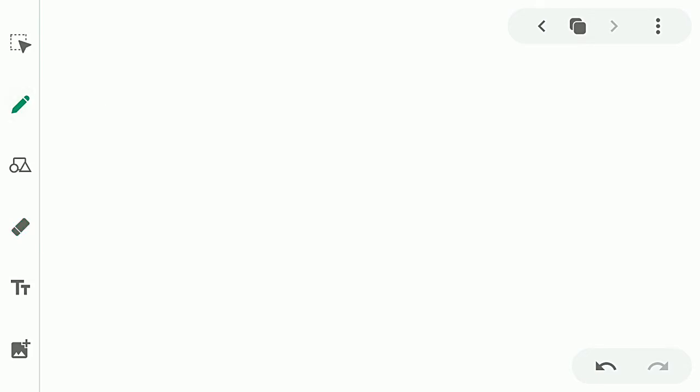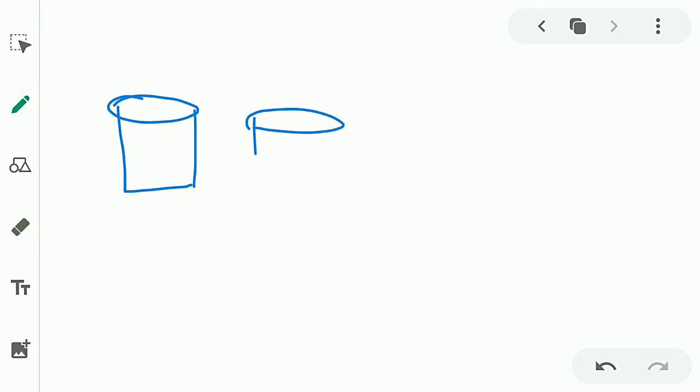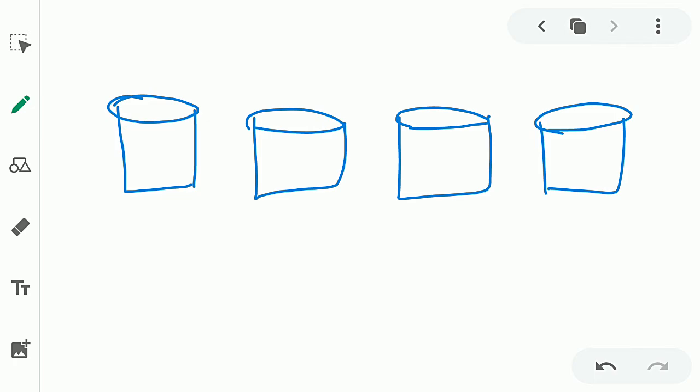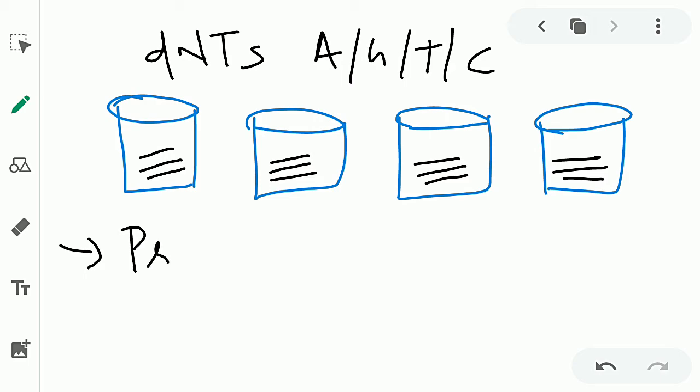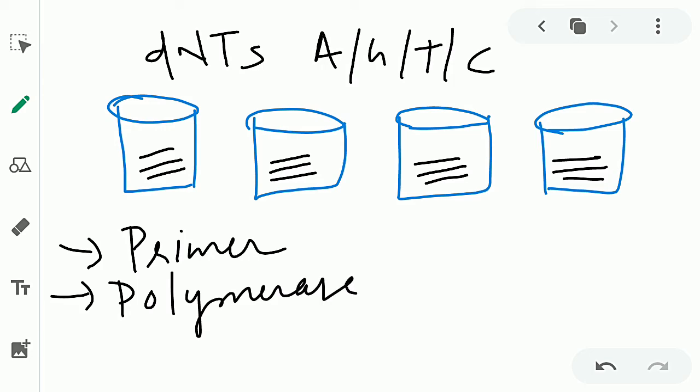Sanger took 4 different vessels, tubes, and he added the DNA to be sequenced in single strand form, dNTPs, that means A, G, T and C, to all these vessels, added primer, added polymerase, and he added ddNTPs also.